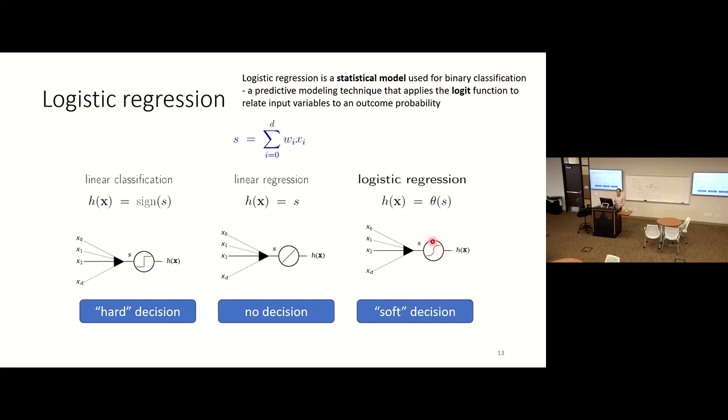When you have a logistic regression, it makes a soft decision: there is a likelihood, 10% to be this, 90% to be that. This is useful if you have multiple layers, because you transfer the probability from this logistic regression to the next level, and then make the final decision by aggregating multiple lines of evidence.